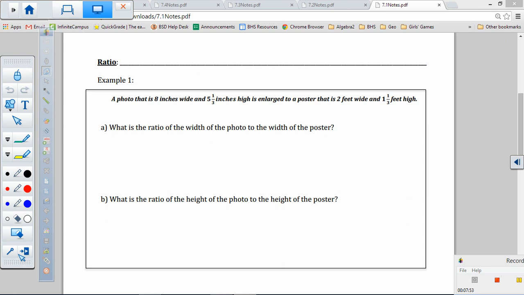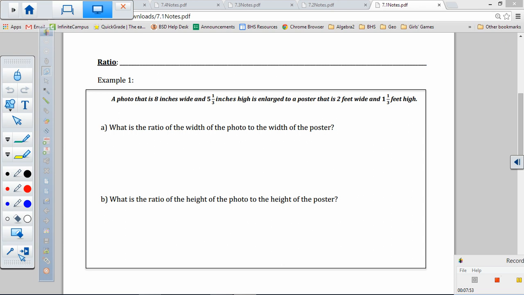So I'm wondering right now how many of you are noticing that there's a problem with this comparison. The problem is that they are in totally different measurements. We can't compare apples to oranges. We have to be able to put them together and compare them in the same unit of measure. So you're either going to choose to change your inches to feet or your feet to inches.